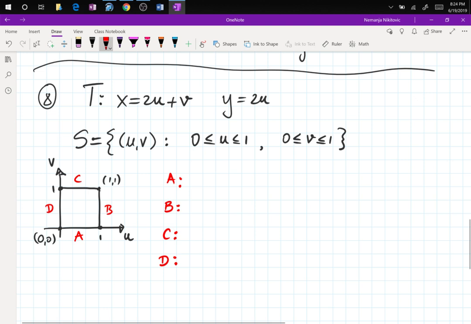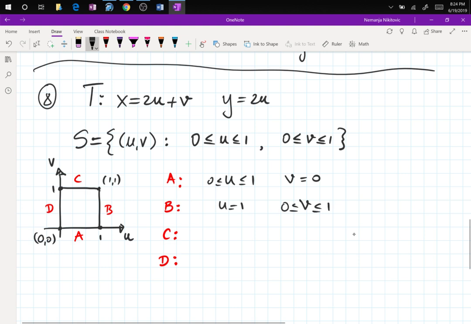All right, so A, we see that our U is stuck between 0 and 1, and V is always 0. B, our U is always 1, V is stuck between 0 and 1.